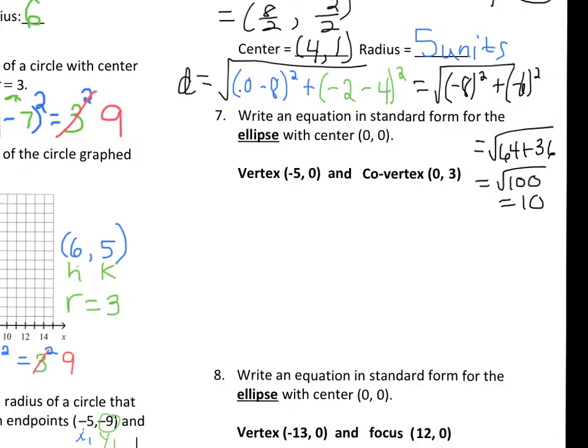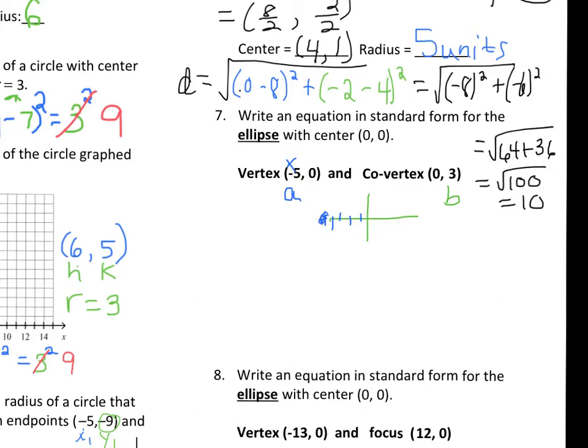Hopefully you have your formula sheet handy and you can be labeling the items we have in this problem. The vertex is always A and the covertex is always B. So guess what? We have exactly what we need in order to write the equation for this. All we have to do is figure out, is this horizontal or vertical? Well, if you think about it, the vertex being -5 over on the x, see how the -5 is in the x spot?